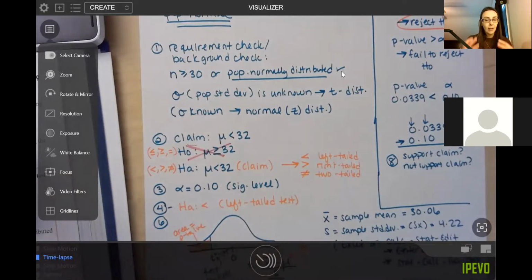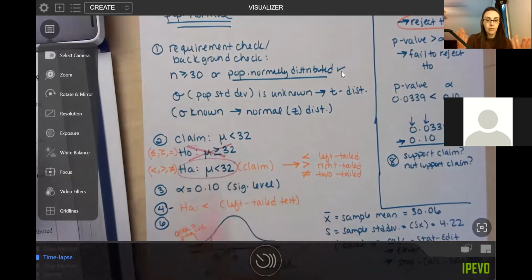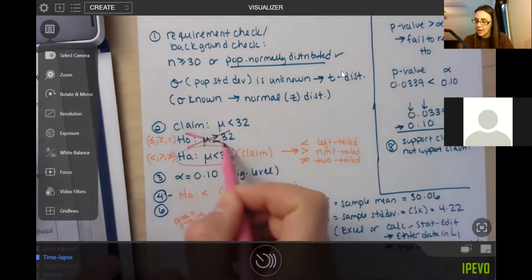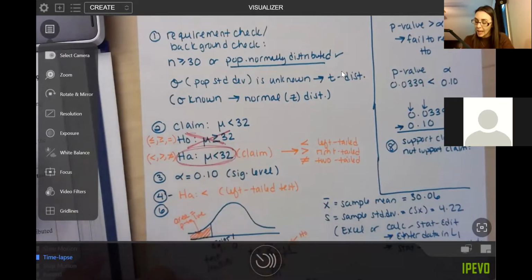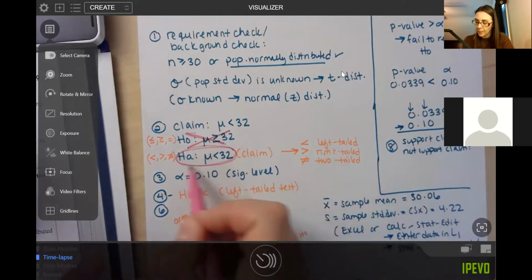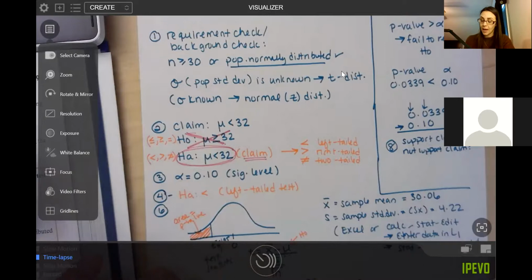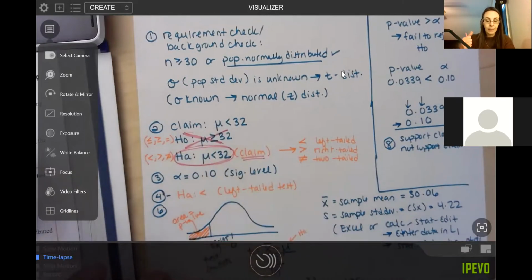So if I'm rejecting the null hypothesis, then it must mean that the other one is good, right? It's kind of like a black or white thing here where it's one's bad and one's good sort of idea. So if the null hypothesis is bad and being rejected, it must mean that the other part was correct or was good. In this particular case, our alternative hypothesis happened to be our claim. So we're basically saying in this example that, well, this is bad, this is good, so our claim looks pretty good.